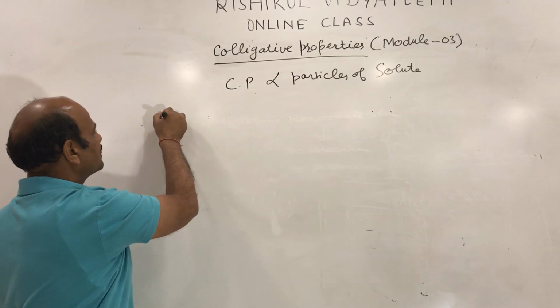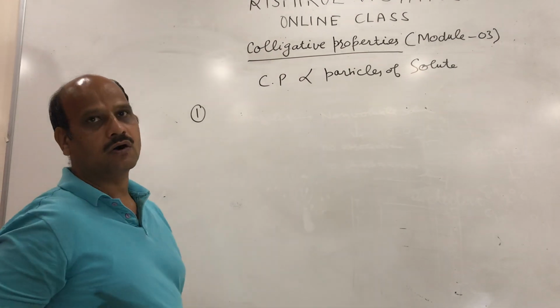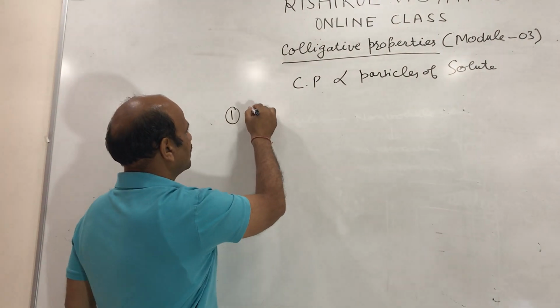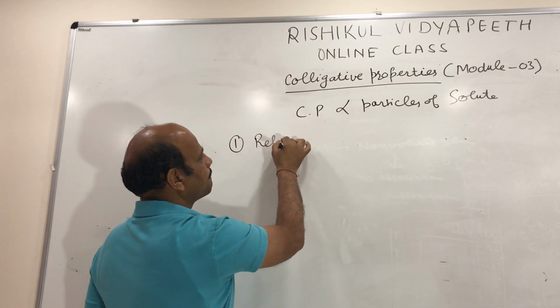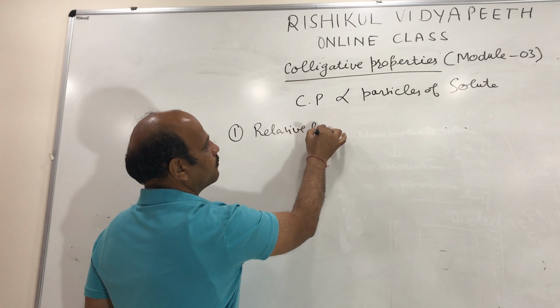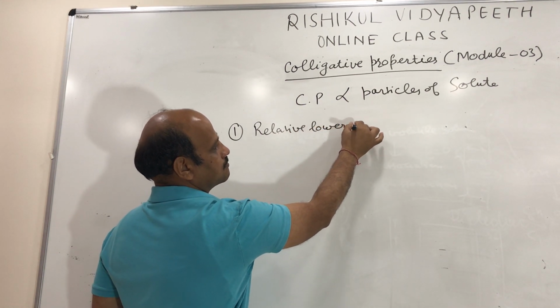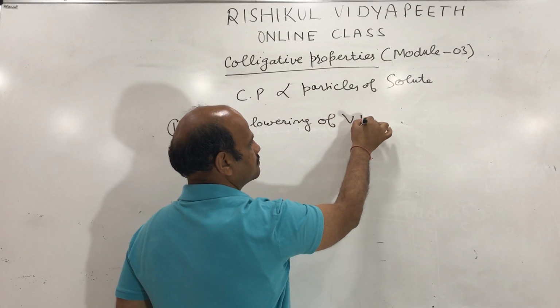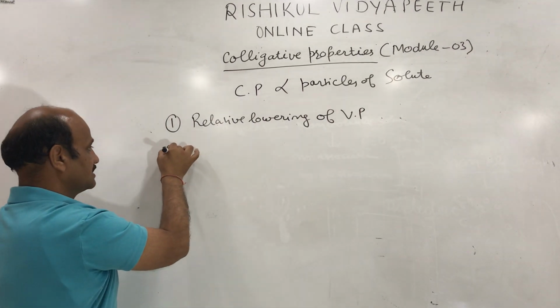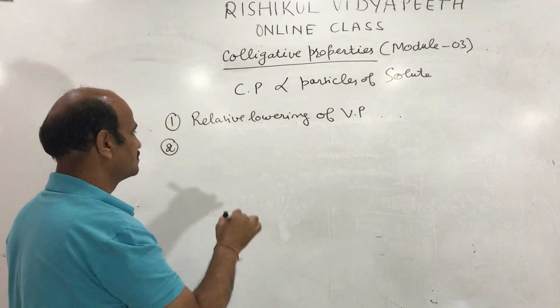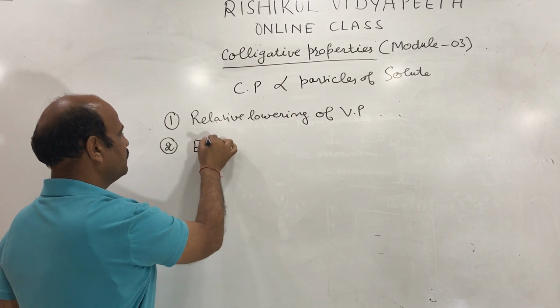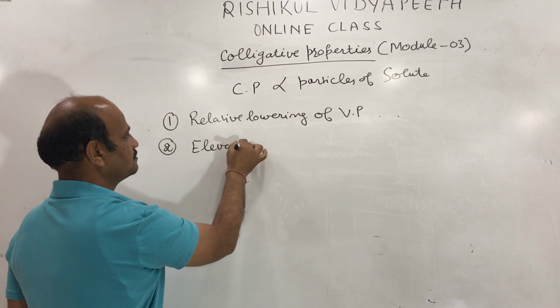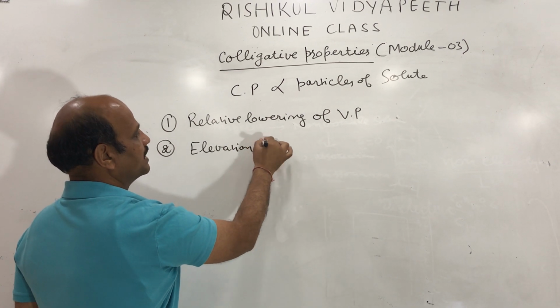The first colligative property is relative lowering of vapor pressure. The second is elevation in boiling point.